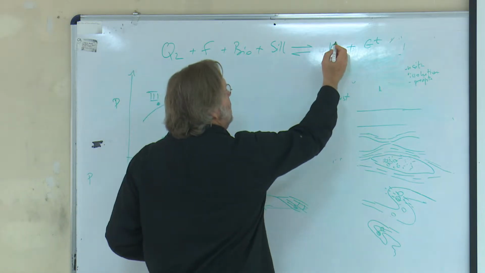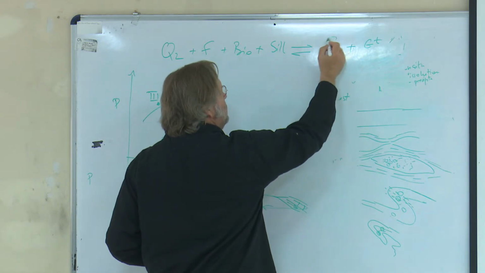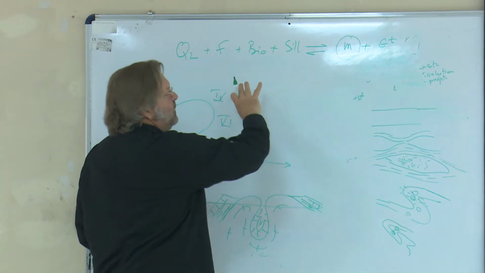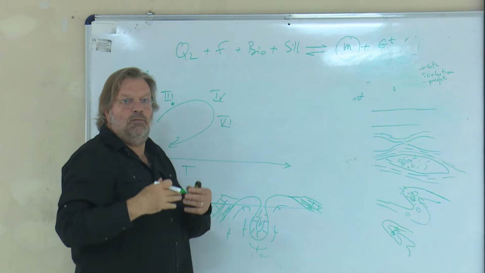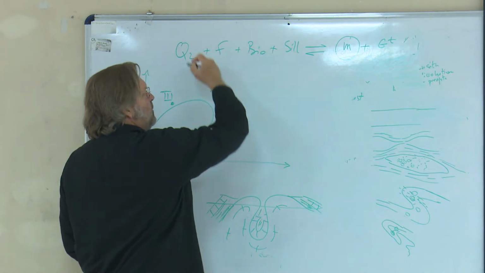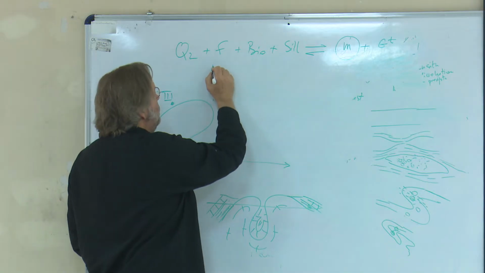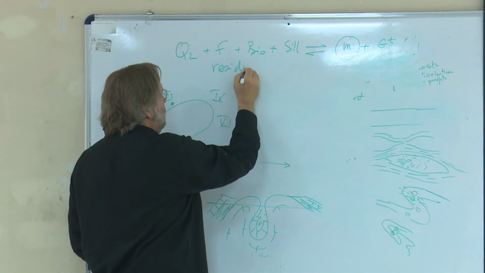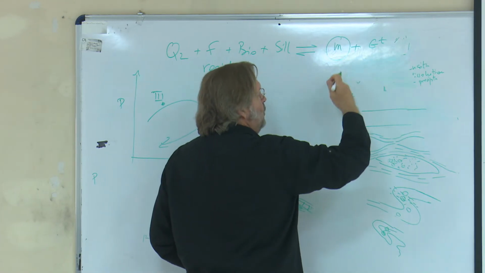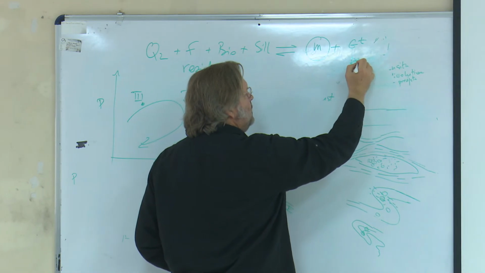And the only part that was liquid is this. So if this reaction is partial melting, then you might preserve part of these residual minerals. And as a product of the reaction, you will have this peritectic mineral.